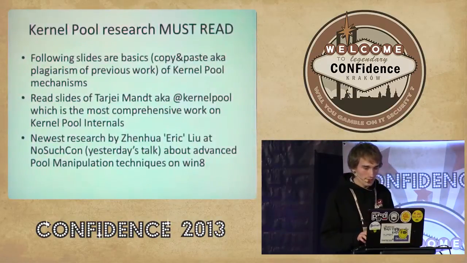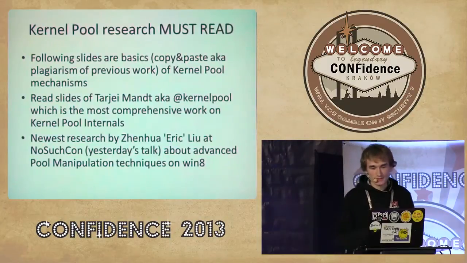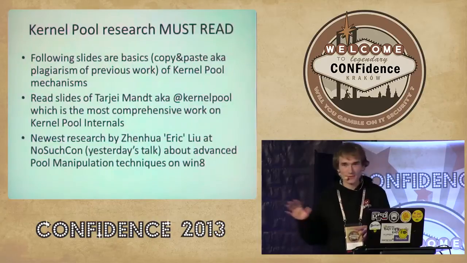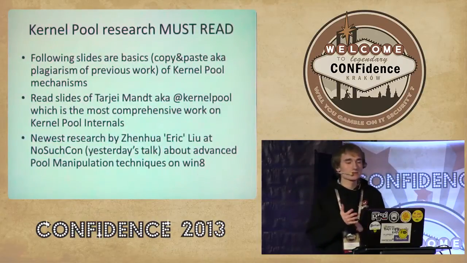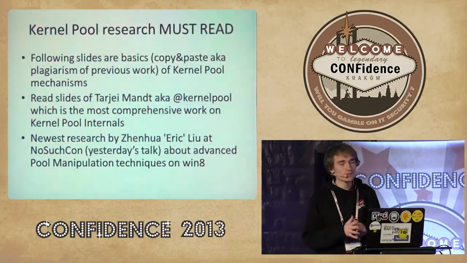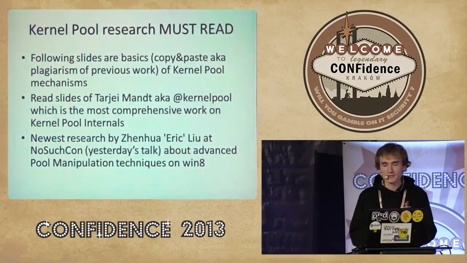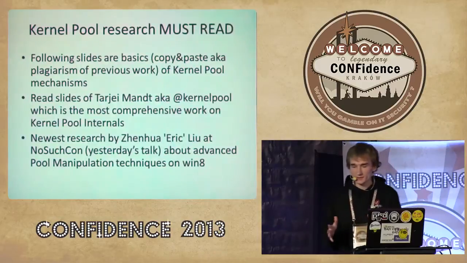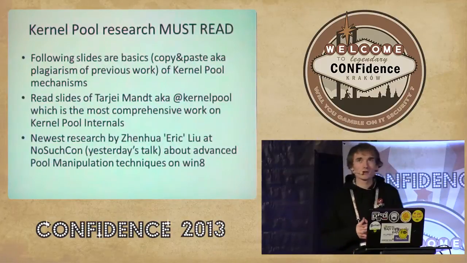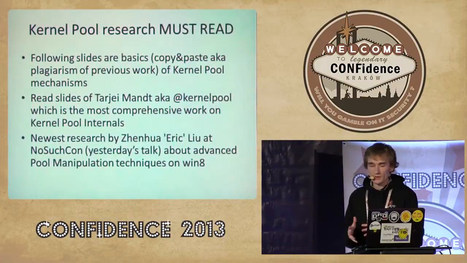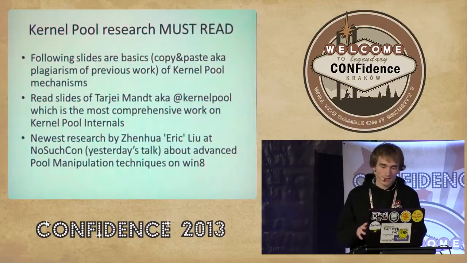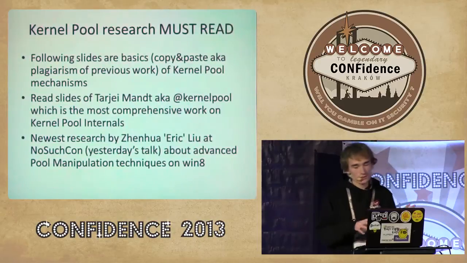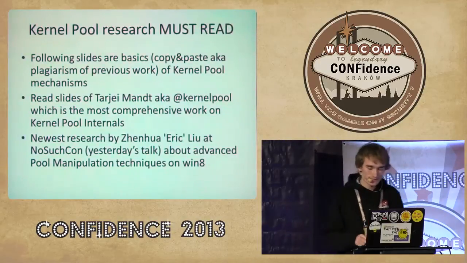So let's talk about previous research. The following slides are just copy and paste from previous research. Personally, I suggest you read the awesome slides, the awesome work by Tarjei Mandt. In my opinion, it's the most comprehensive work. Also, there is great work by Eric on advanced manipulation of pool and also heap in userland on Windows 8.